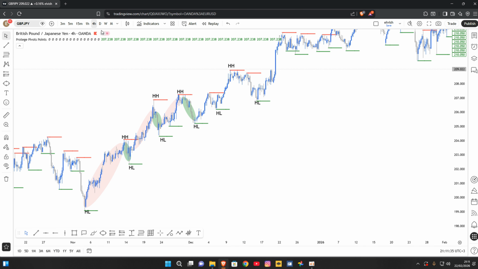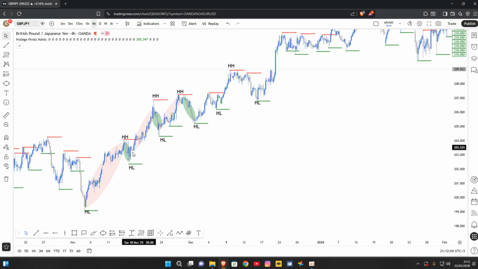I think I've talked about everything over here. That's why I'm in the 4-hour time frame. I told you the reason we use the 4-hour or bigger time frames is to have the overall view, because you can't see trend in smaller time frames like the 5 minutes. The only way to identify trend is to use these bigger time frames. This is how you will be able to identify the higher highs, higher lows, if you use this indicator that I've talked about, the protege, pivot, swing points.